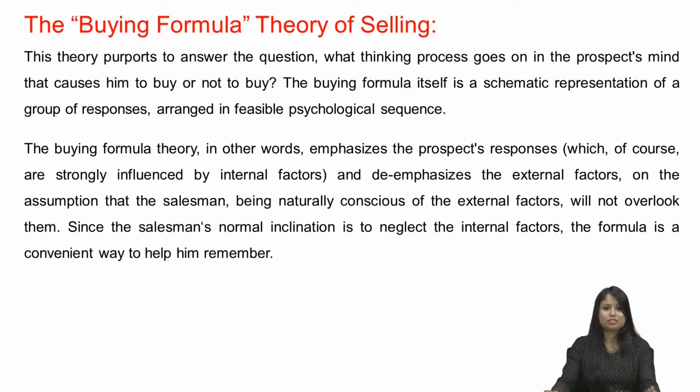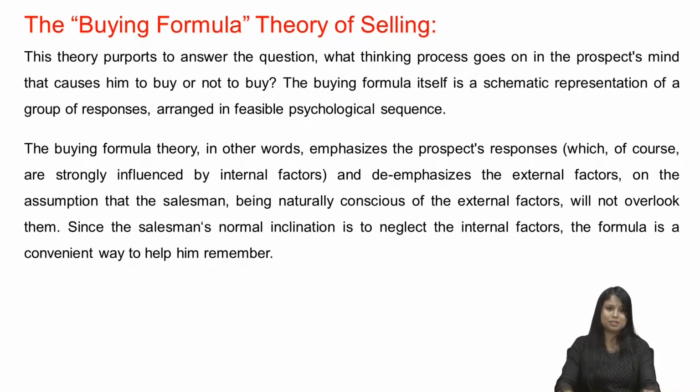The theory emphasizes the prospect's responses, which are strongly influenced by internal factors, and de-emphasizes the external factors, on the assumption that a salesman, being naturally concerned about the external factors, will not overlook them.